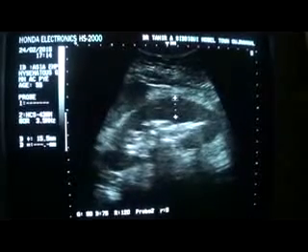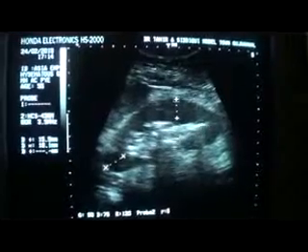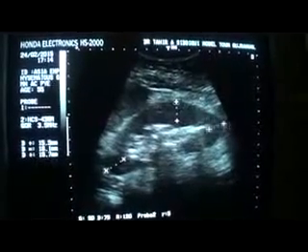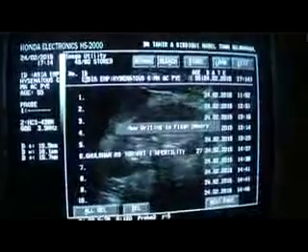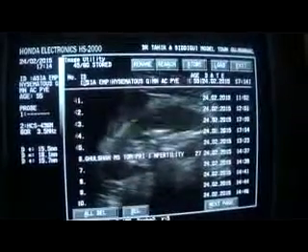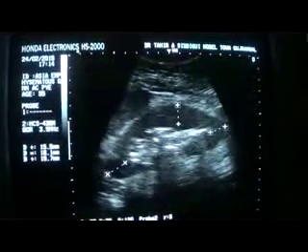This is the mid-anterior region parenchyma, this is the upper pole parenchymal thickness, and this is the lower pole parenchymal thickness. The thickness at the anterior pole is 15.5 millimeters.